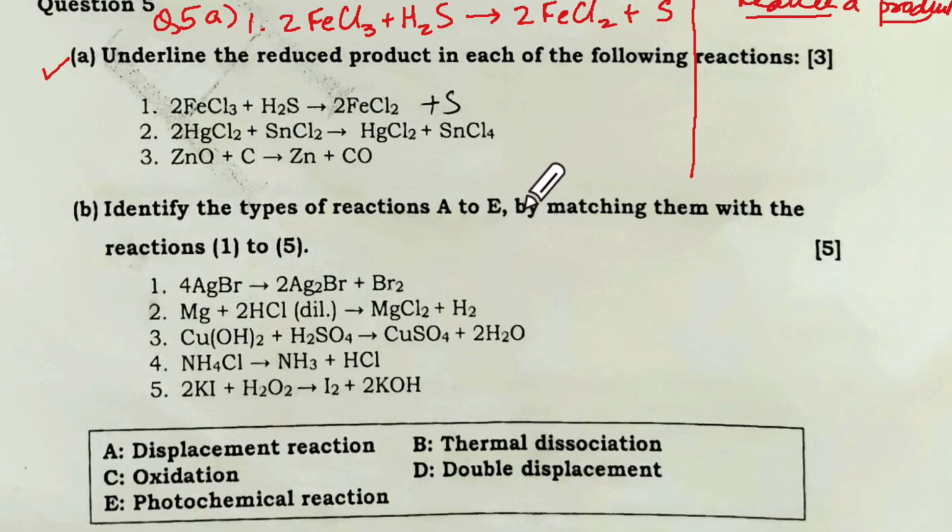Not written 2FeCl3 and then 2FeCl2. There's no H, no extra Cl, no S was also previously. This is 6 and then there's 4.